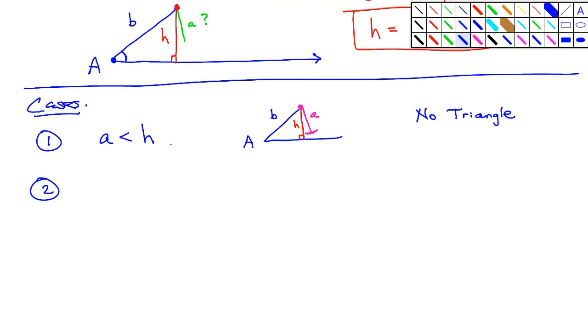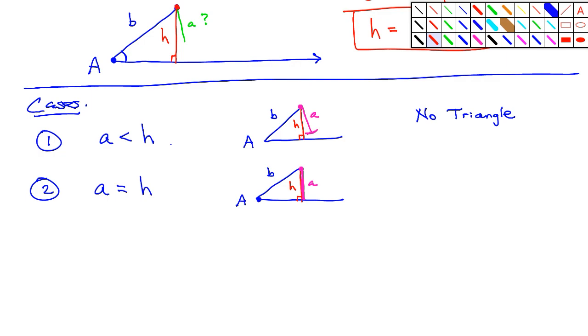Case number 2. What if A is equal to the height? Let's draw a similar picture here. So here's our B, here's our A, here's our height. And in this case, A is exactly the same, so not only is this the A, it's also the height.